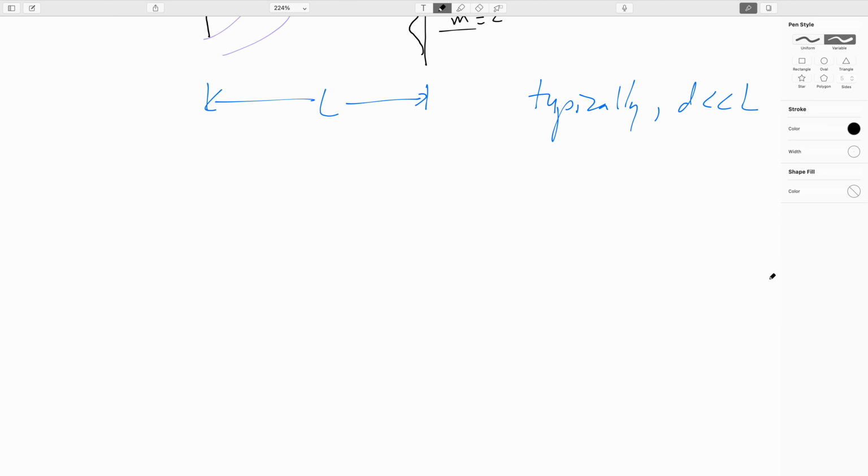If D is much less than L, then when I'm looking at a pair of rays coming out, or sorry, the path lengths from the one slit to the other, these are eventually going to meet to constructively interfere, but these are almost parallel.